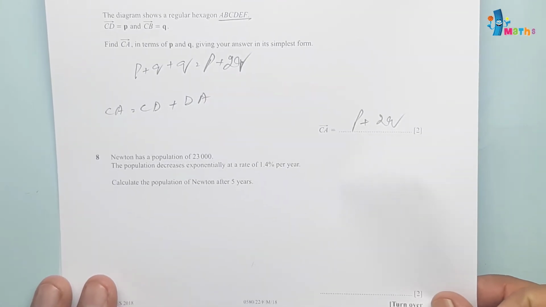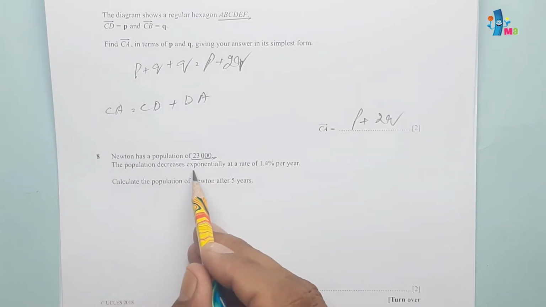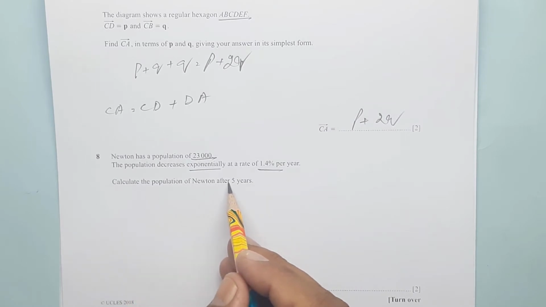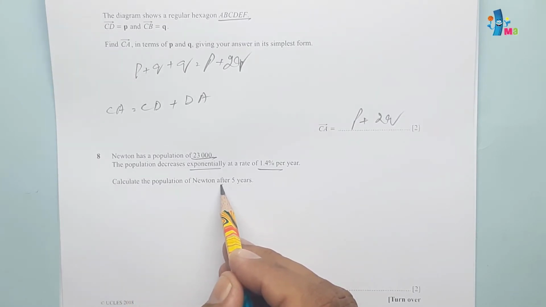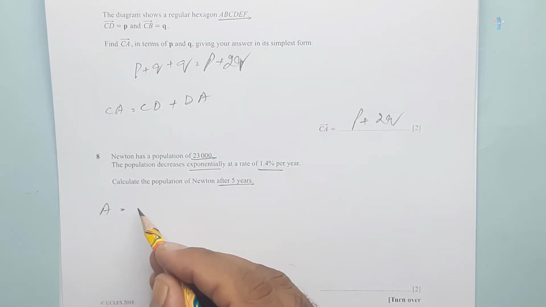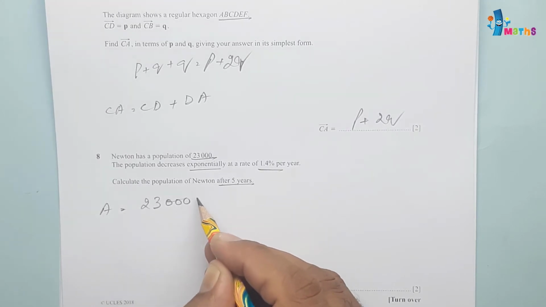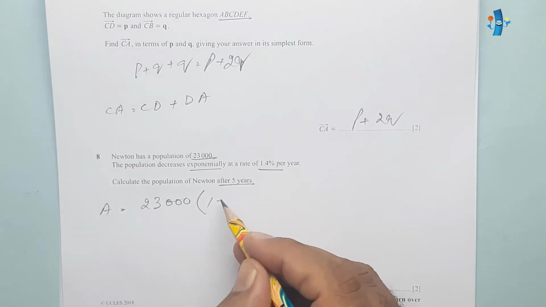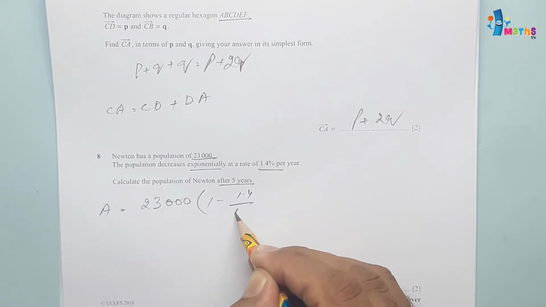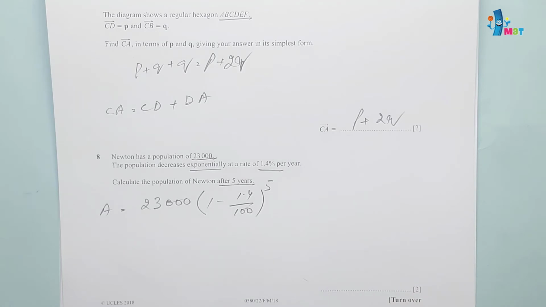Question number 8. Newton has a population of this much. The population decreases exponentially at a rate of this much per year. Calculate the population of Newton after 5 years. So after 5 years, the population will be equal to 23,000, the starting population, times 1 minus 1.4 over 100, because it is decreasing at a rate of 1.4% for a duration of 5 years, so the power will be 5.